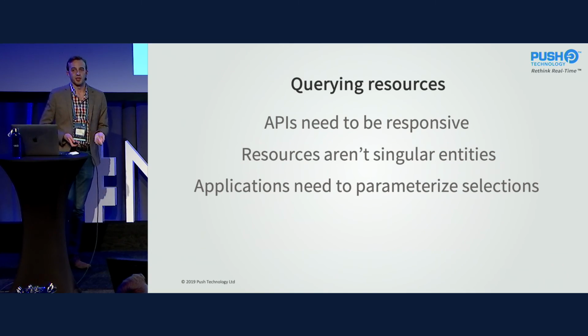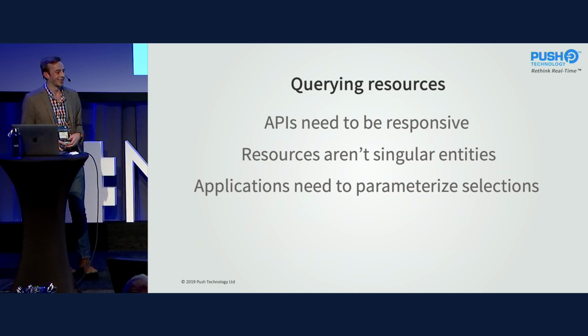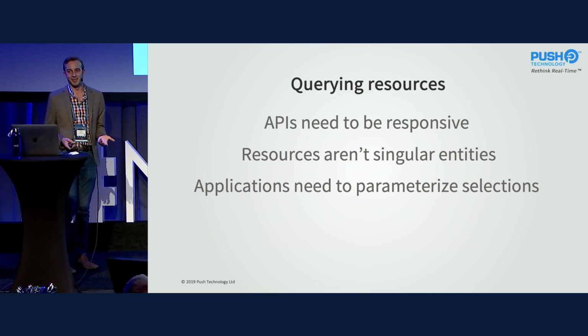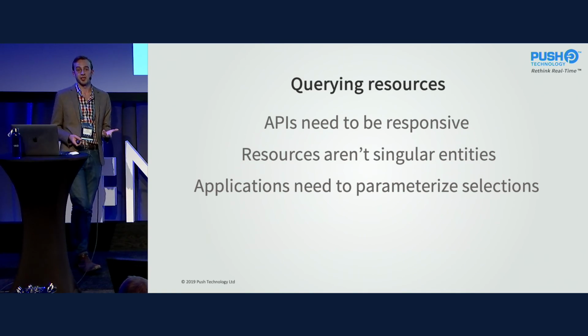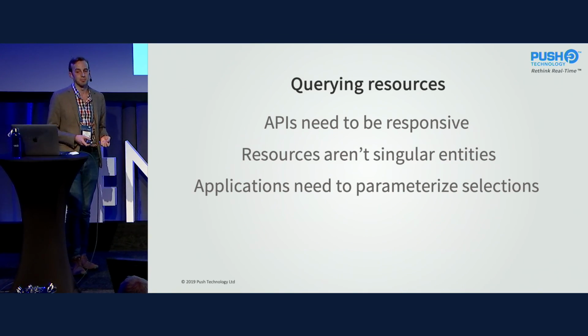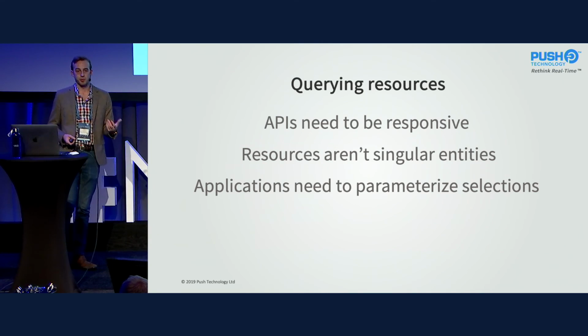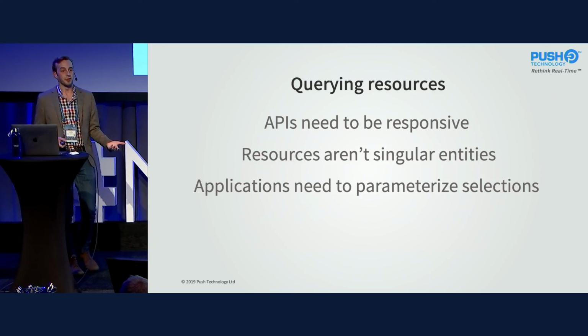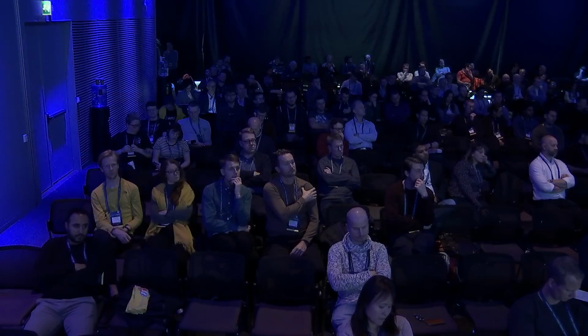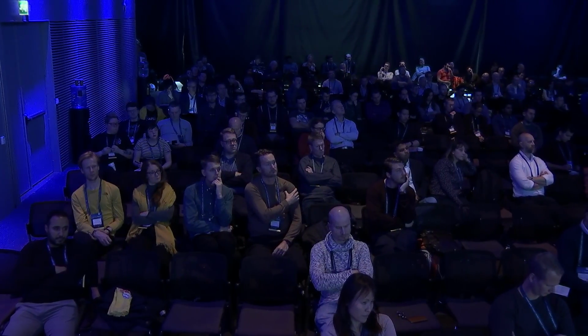Querying resources is an interesting one. I think, given the number of talks or times that GraphQL has been mentioned over the past couple of days, it's something that people are really starting to think more heavily about. Obviously, with GraphQL, you submit a subscription or a live query, and then changes to the data model are presented down to you. If you're running in a pub/sub model, how do you achieve similar things?